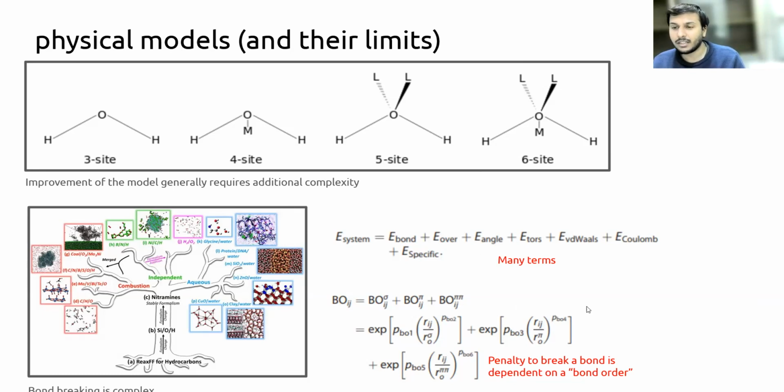Now that's something physical, right? It basically measures how many bonds an atom forms. So most of these models are based on some sort of obscure functions of these bond orders. And that really ensures that as your bond breaks, there is some physical description of your system. But if you really try to interpret all of these, it's very hard to say what each of these terms means.